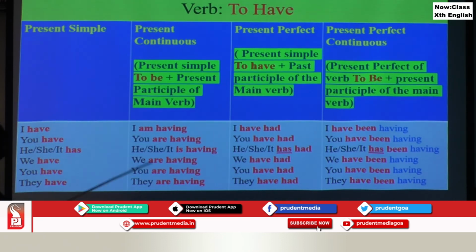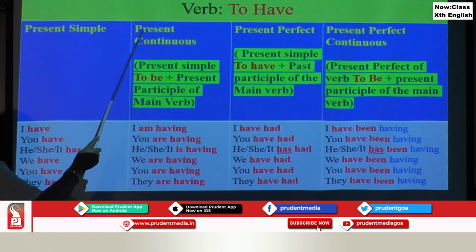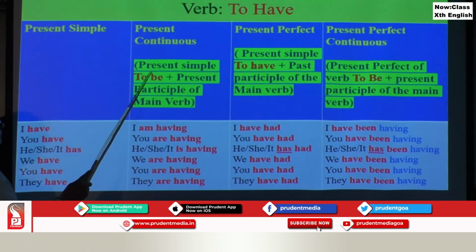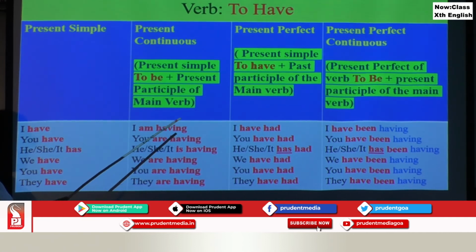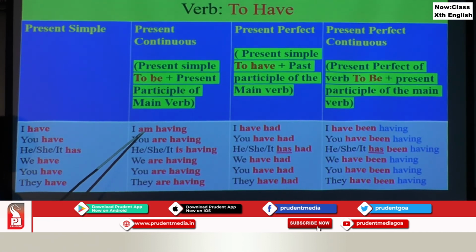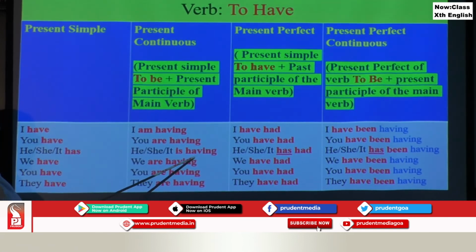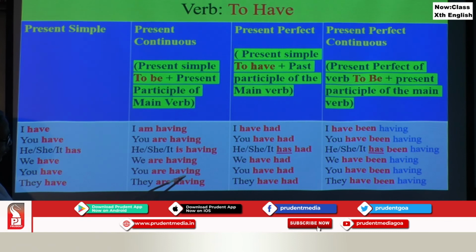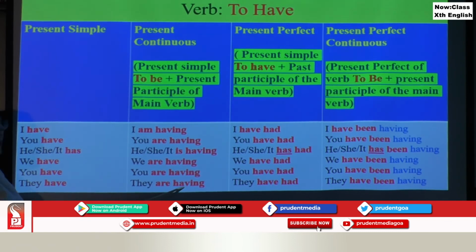In the case of past tenses now, it is very simple to understand. In the case of past continuous, it will be past simple of the verb to be. I am will change to I was having, you were having, he, she, it was having, we were having, you were having, they were having.